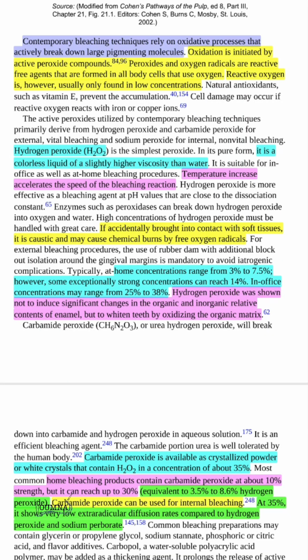So this compound, hydrogen peroxide, is a reactive, colorless liquid and has more viscosity than water. If we want to accelerate this chemical reaction, we can increase the temperature of this compound.